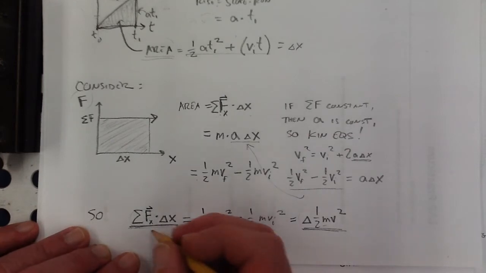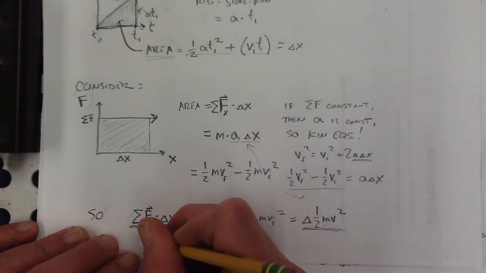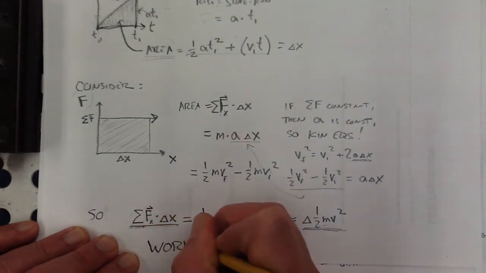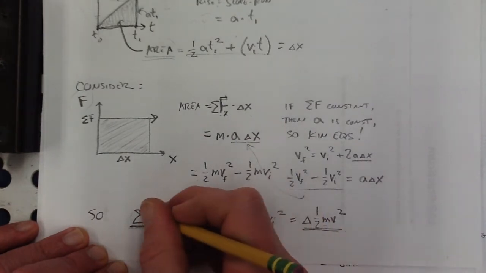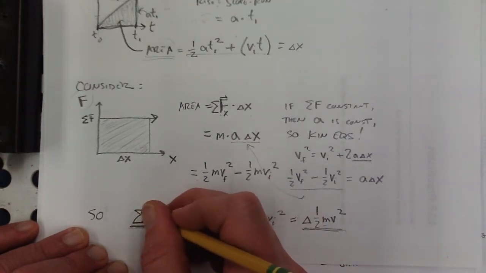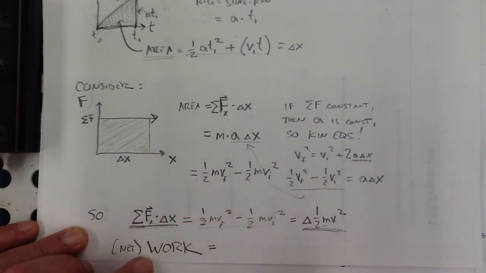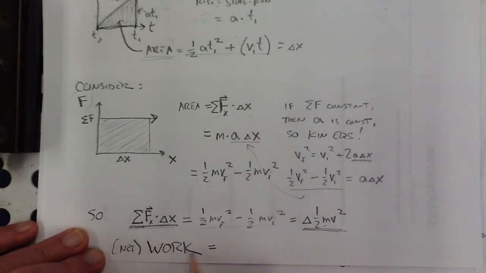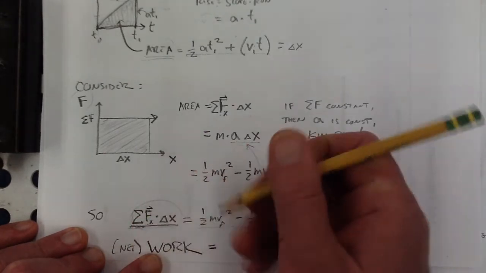And they are. So this right here, a force applied through a displacement, we call this work. And since it's the sum of all forces that we're interested in here, this is the net work, not to be confused with the word network, which is something else. We think of work as something that's being done on an object.